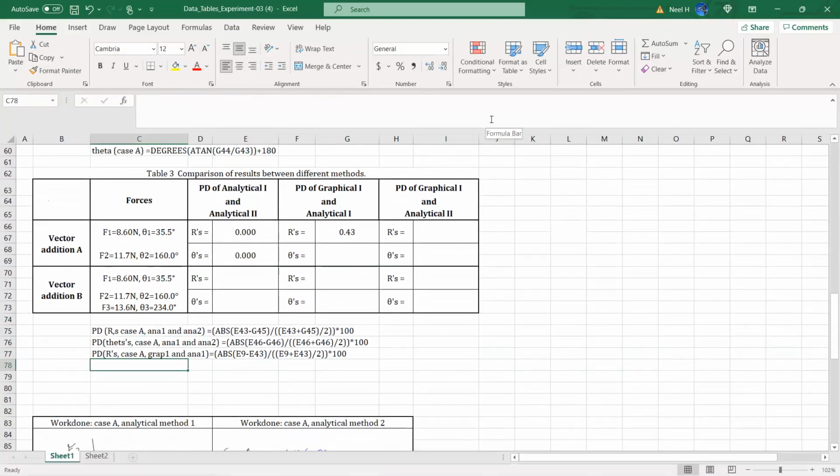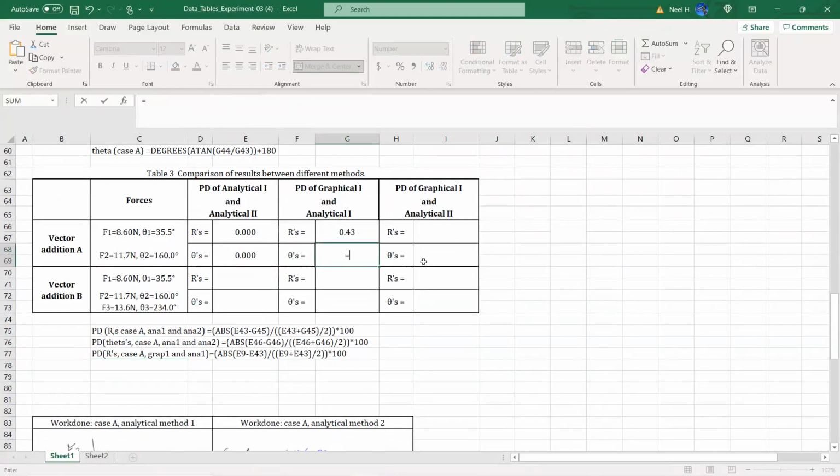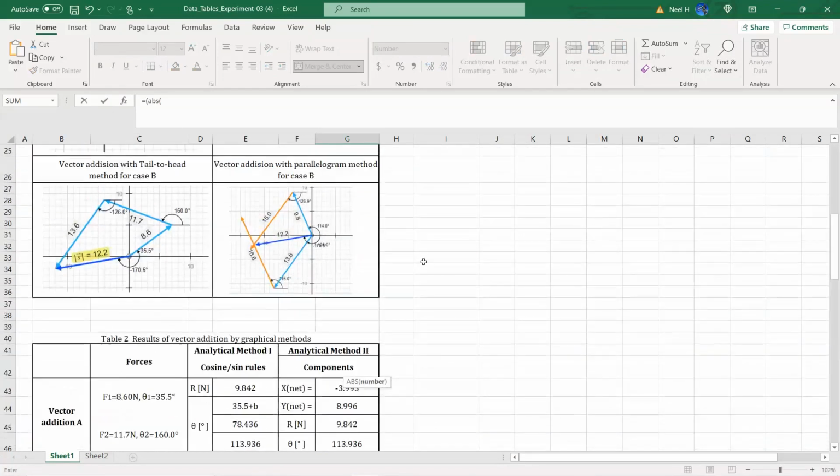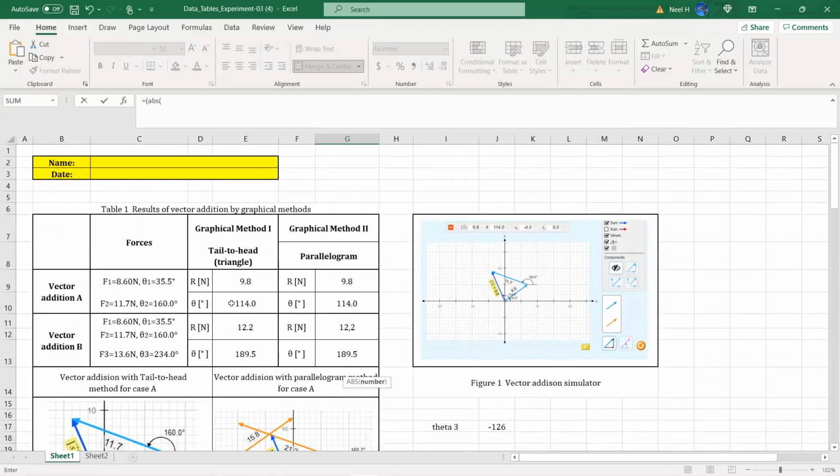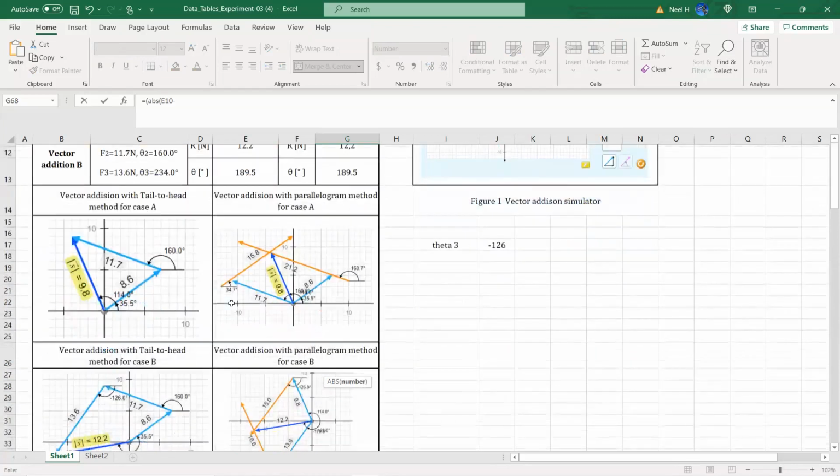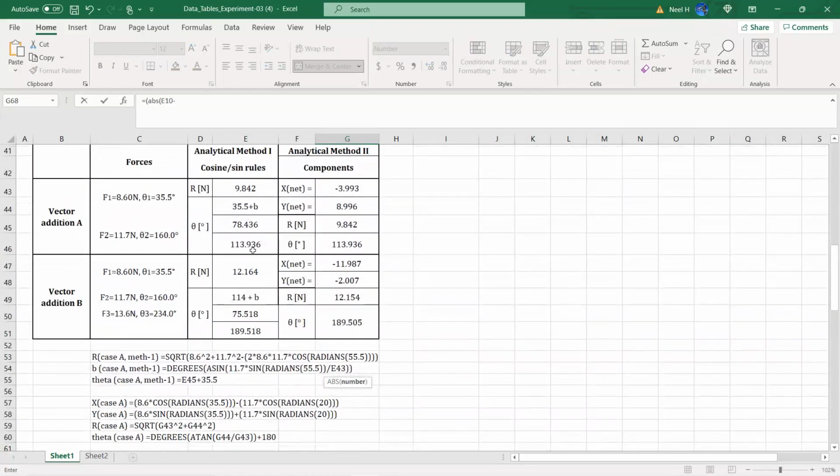Okay, let's do the other, it's the same for the theta, open bracket ABS, open another bracket, theta from graphical method 1 minus theta for the analytical method 1, case A, close bracket, divide by open double bracket, the average E10 plus E46, close bracket, divide by 2, close double bracket, multiply by 100.